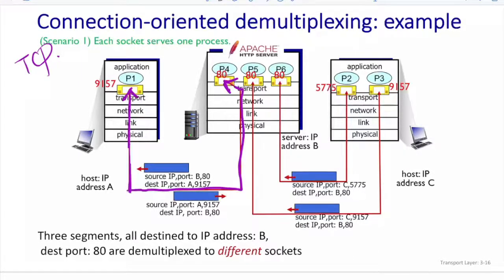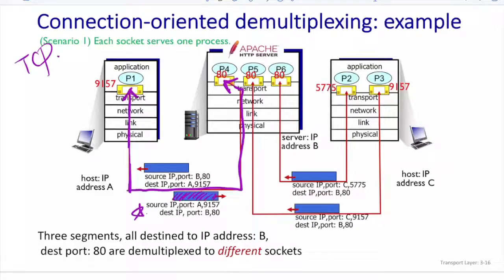You can see that the direction is bidirectional, and for this one, when P1 wants to send a message to P4, the purple line right here is that the source IP is B.